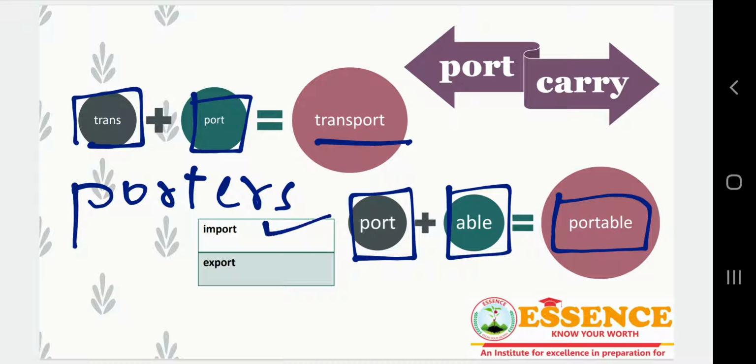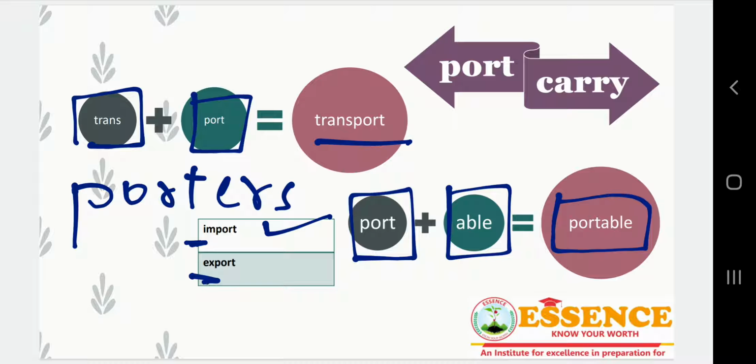Next, you have import. What does im mean? Im means coming in. If you get confused, this I in im means in, right? I for in, I for im. So, import means anything which is coming in. So anything which is being carried into is called import.